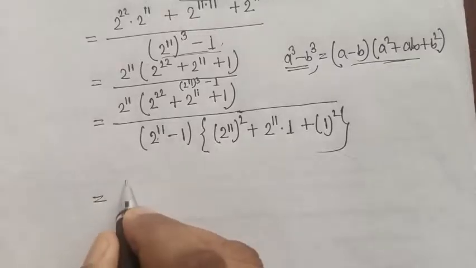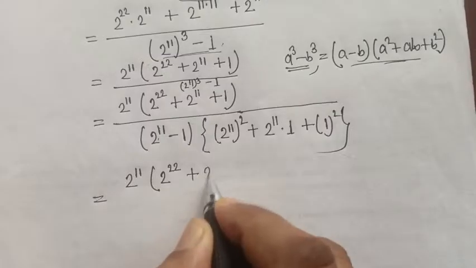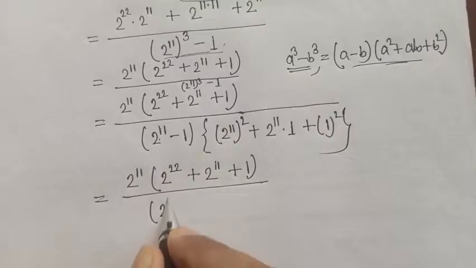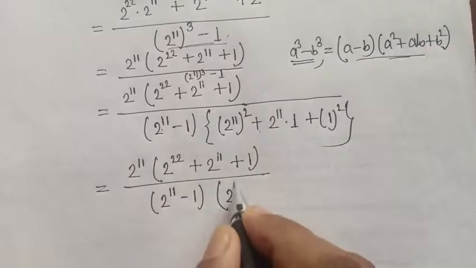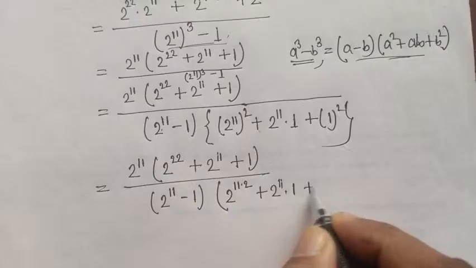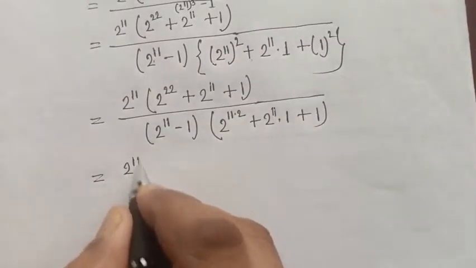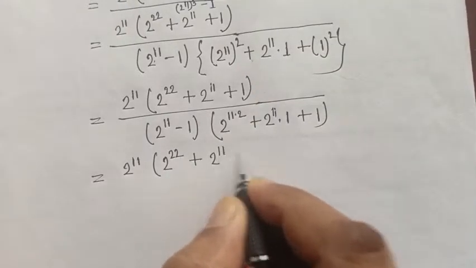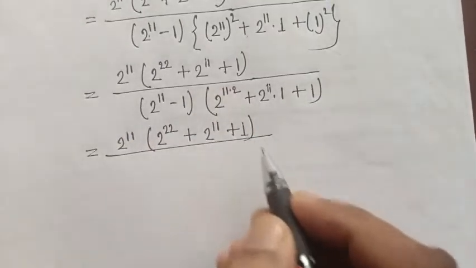So write the expression 2 to the power 12 plus 2 to the power 11 plus 1 by 2 to the power 11 minus 1, that will be 2 to the power 11 into 2 plus 2 to the power 11 into 1 plus 1. Now we are going to simplify this more: 2 to the power 22 plus 2 to the power 11 plus 1. So the above part will remain same for the fifth step.